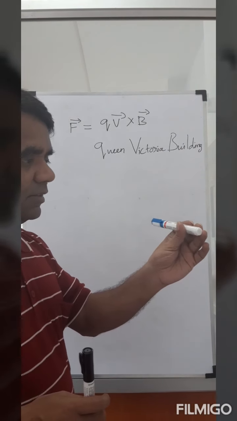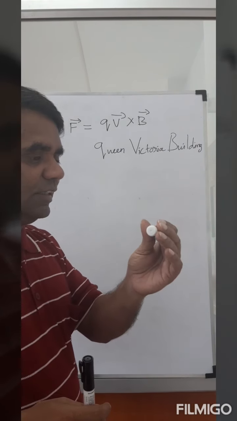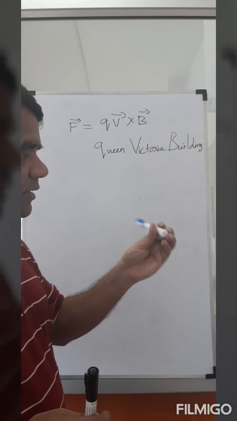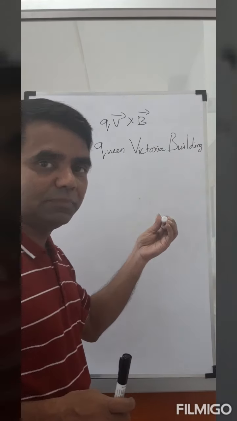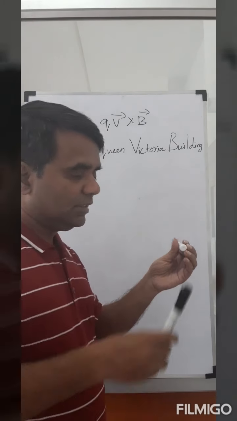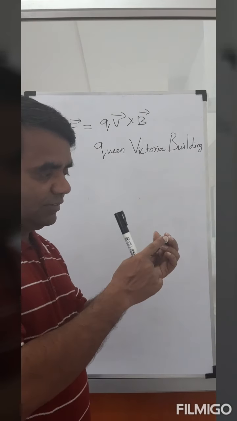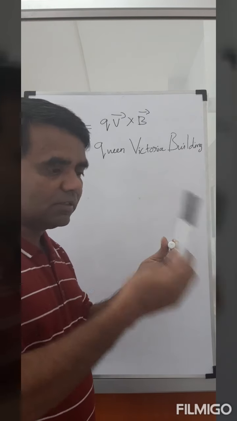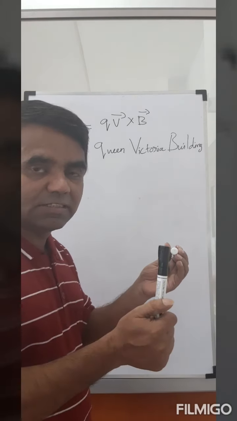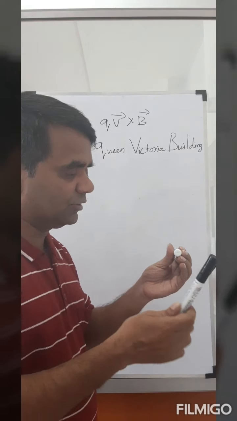Let's say the magnetic field is going into the board at this point, and you have the velocity of this charge.